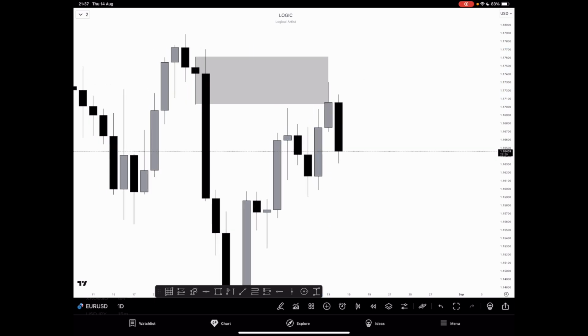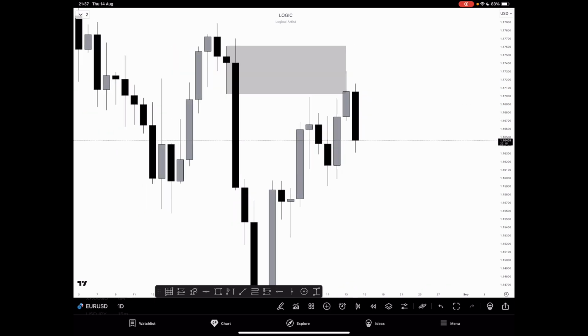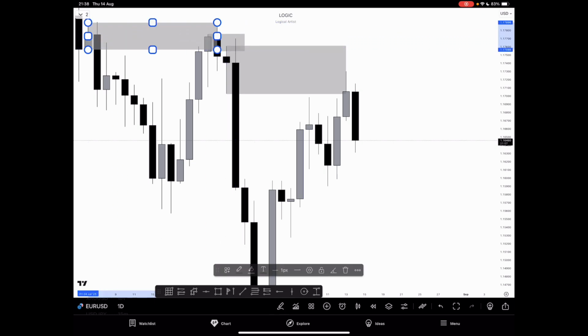Like I said earlier on that XAUSD trade, I prefer an order block that is actually mitigating another order block, another pseudo order block. So we have something like this. You can see we have this block mitigating this block, and this block as well mitigating this block. So that ticks my criteria.